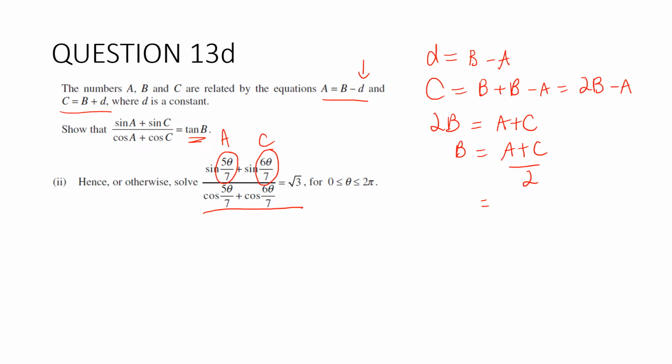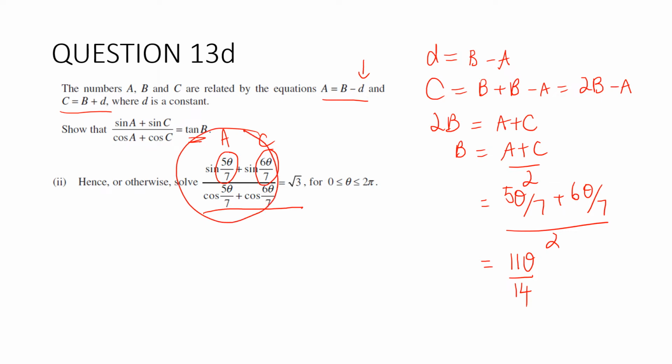So substituting in, we've got 5 theta on 7 plus 6 theta on 7 divided by 2, which is 11 theta divided by 7 divided by 2, that's 14 on the denominator. Wow. So instead of all of this now, we can just do tan b. So therefore, tan of 11 theta on 14 is equal to root 3.